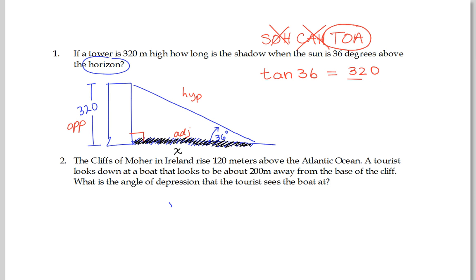320 over x. Cross multiplying, x will switch places with tan 36. That's the cross multiply switch: bottom right to top left to bottom right.